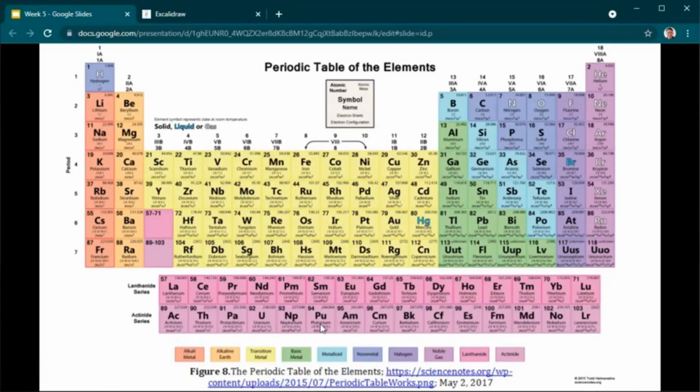So these are the major classifications. We have more major classifications in our periodic table.